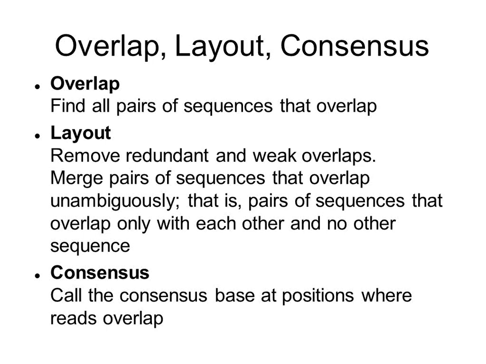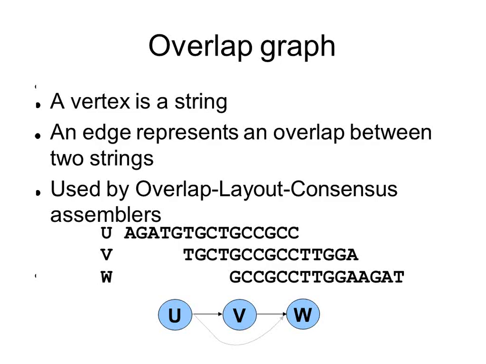In other words, you first get a general layout by using only the best overlaps first, and that way you can make sure that you're generating templates that are roughly correct or most likely to be correct. And then finally, you call the consensus base at positions where the reads overlap. So where you get good overlap, you can then finally call the consensus base, or what the consensus would be.